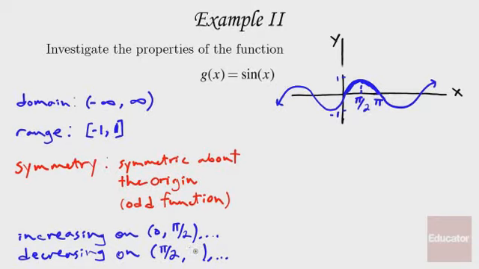It is decreasing on pi over 2 to pi, and in fact it's decreasing all the way till we get to 3 pi over 2. And in fact, if I want to, I can go back and extend the interval on which the function's increasing. It's true it's increasing from 0 to pi over 2, but it's actually increasing from negative pi over 2 to pi over 2. And then we could just continue going from interval to interval, talking about where the function's increasing and where it's decreasing.